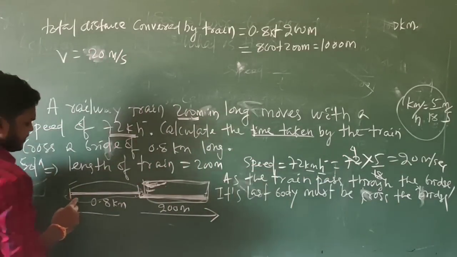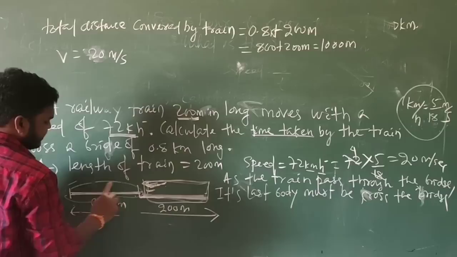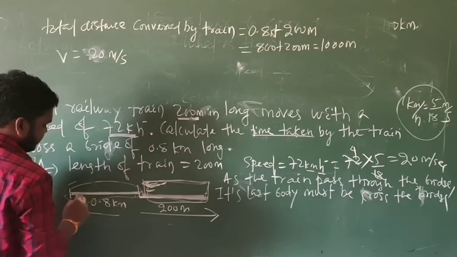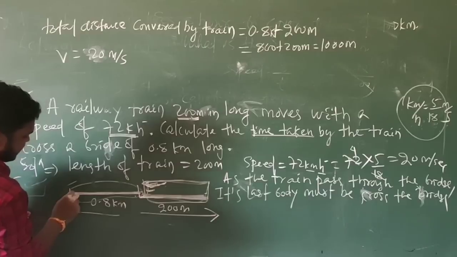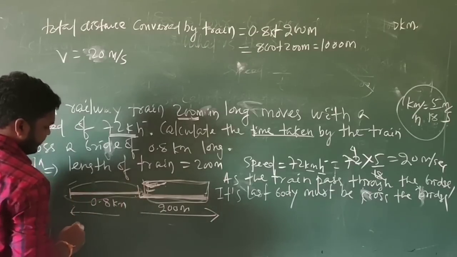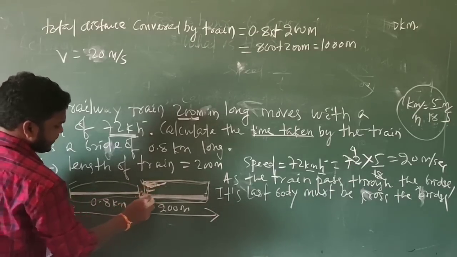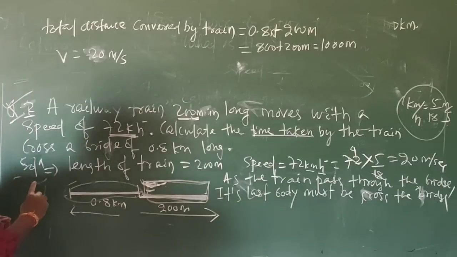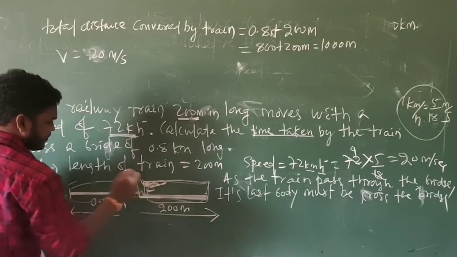now talk about how much distance the train travels while it crosses the bridge: the total length of the bridge as well as the length of the train, because the last part of the train crosses over the bridge.